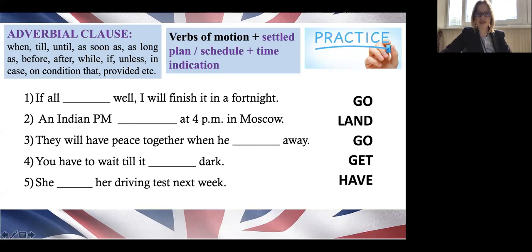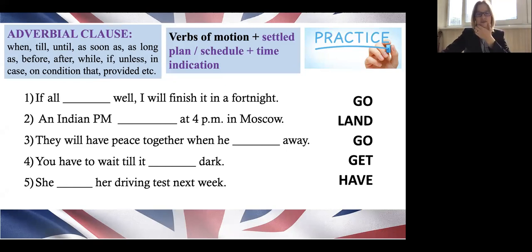Good, goes, number 2. Good. Lands. Lands, perfect. What about number 3?